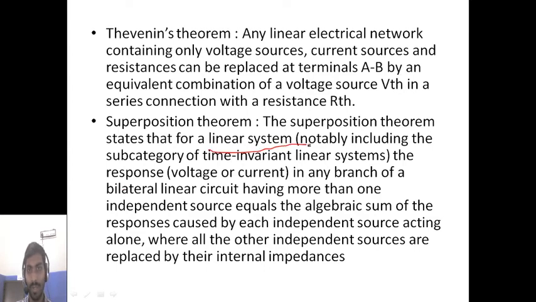Superposition theorem states that for a linear time invariant system, the response, voltage or current response, means you are going to give a source and then your resistor is going to show some response, right? Whatever voltage across it or the current passing through it is going to be the response of the resistor. In a branch of a linear circuit having more than one independent source equals the algebraic sum of the responses. That is what I have said.